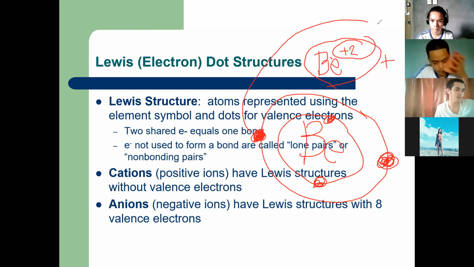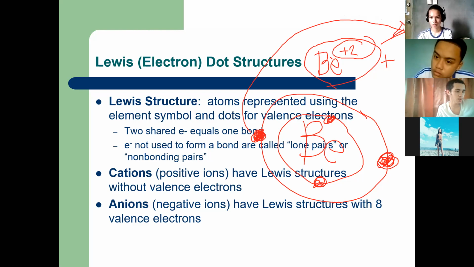So by the time it is given to oxygen, oxygen receives 2 more electrons and beryllium loses 2 electrons.